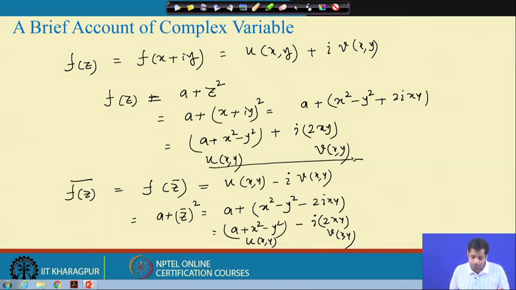Now you see all these equations that we derived, they are derived in terms of x and y, or in polar coordinates in terms of r and theta. Now, we have to rewrite the equations in terms of z and z bar. Irrespective of the coordinate system or reference frame you choose, the governing equations remain the same.